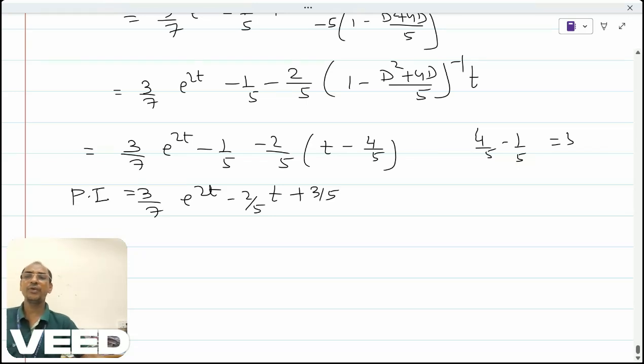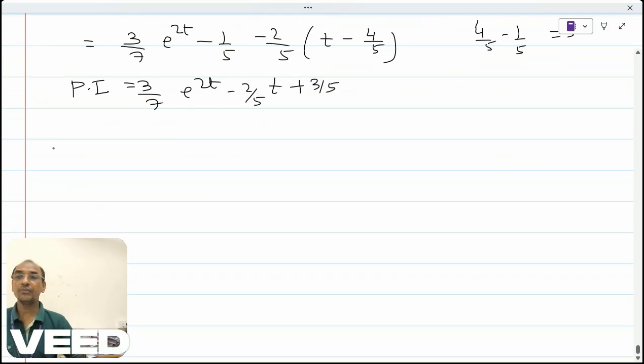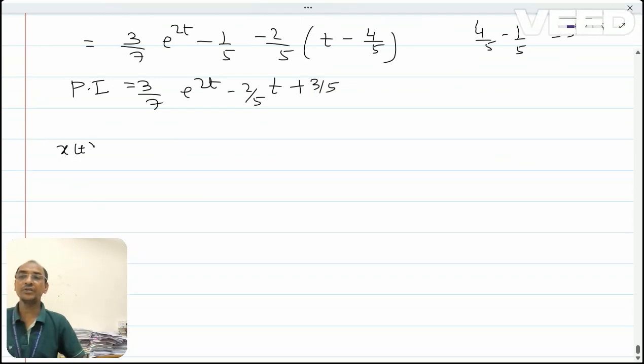So you have the complementary function of x as well as the particular integral. So what will be the total thing then?